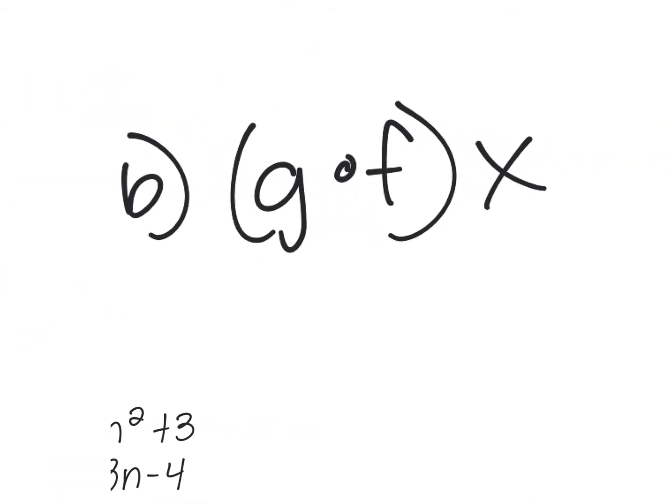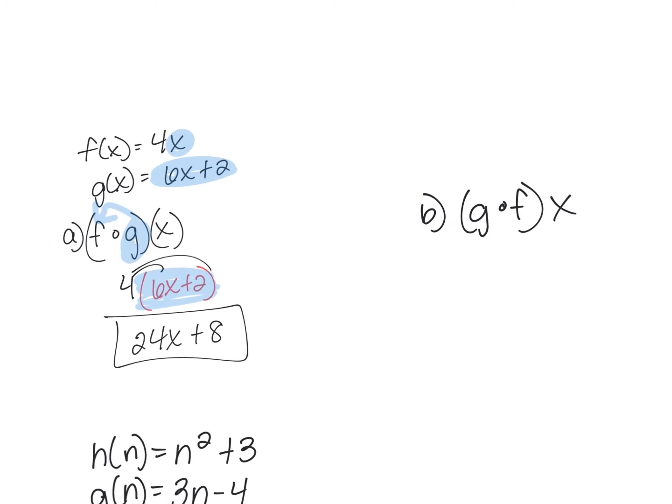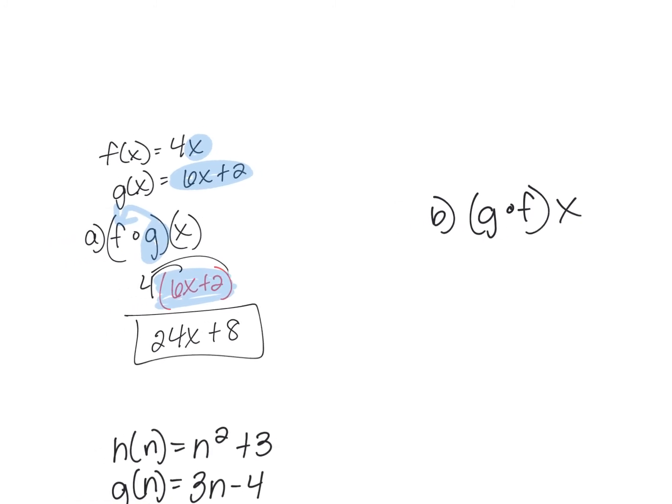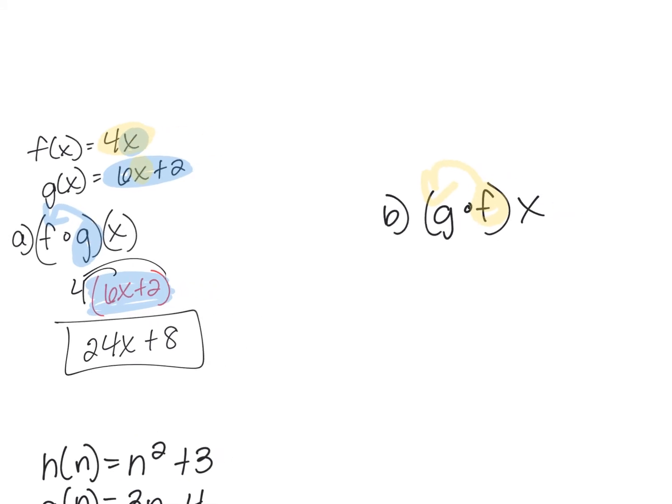Okay, here's another one. So this time we're doing the f of x, so you're plugging in all of the f function into the g function. Okay, so you're plugging in all of this in for this x right here. Let's do it.